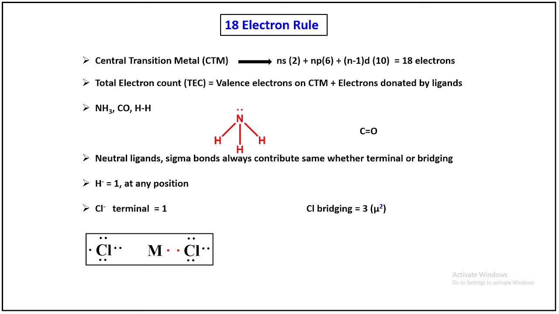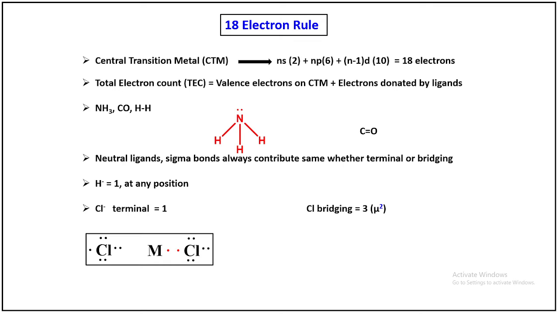First, it will try to complete its octet. Whichever atom it is, it wants to complete its octet first. So when it makes a bond with a metal, it makes one single bond where it gets 1 electron and shares 1 electron. So Cl in terminal position acts as a one electron donor.